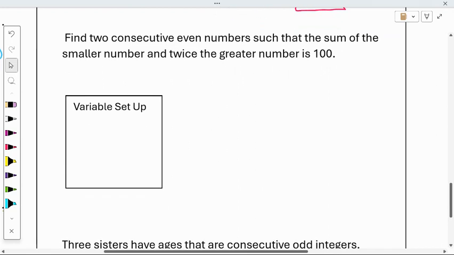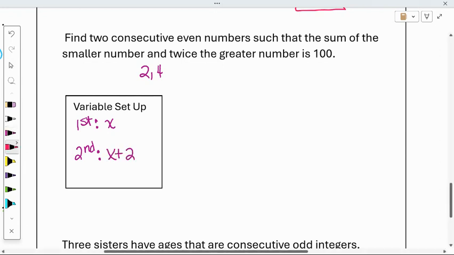Example number 2. We have 2 consecutive even numbers. So we have 2 integers, first and second. What's my first one going to be? I'm talking about even numbers. And what's the second one going to be? Good job, x plus 2. Perfect.